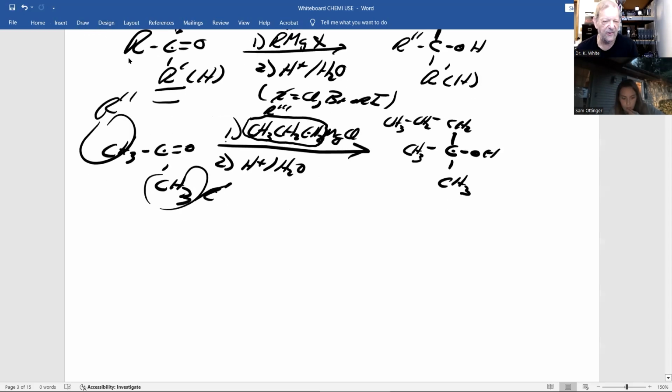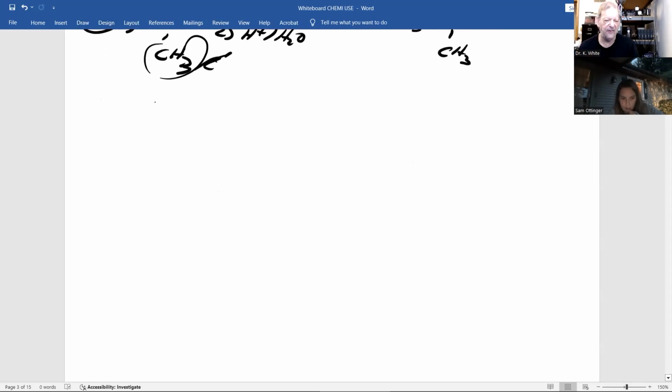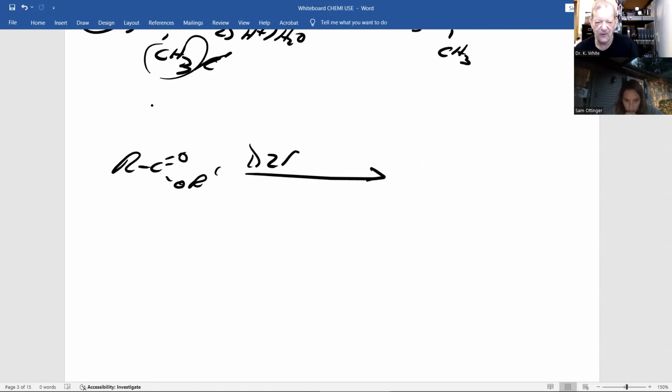Now, another Grignard that students have trouble with is if I do an ester. And here the giveaway is, I'm being nice, I'm putting the 2 R triple prime MgX. X can be chlorine, bromine, or iodine.